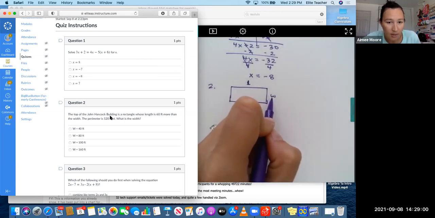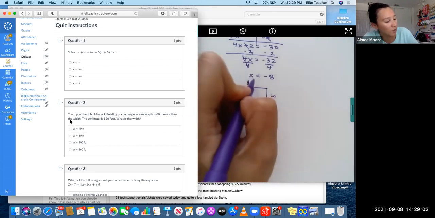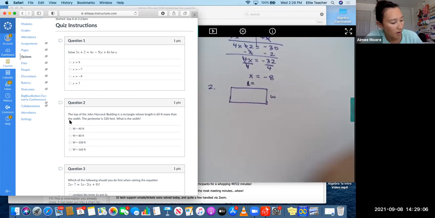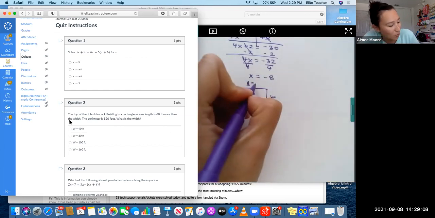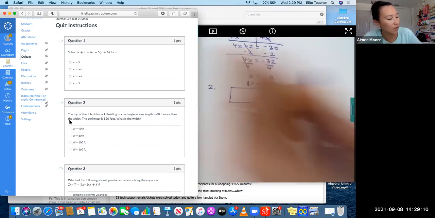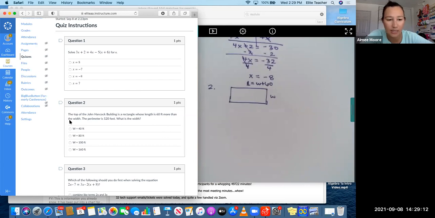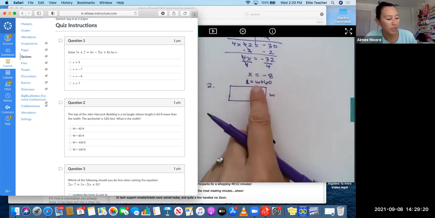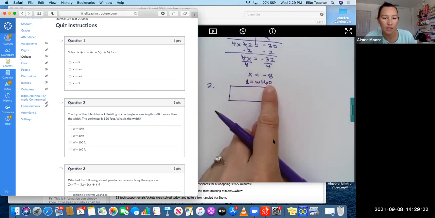And then it's saying the length is 60 feet more. So the length equals, if it's 60 feet more, that means we're going to be adding it to our width. So the length is equal to W plus 60. Any questions how I got that W plus 60?